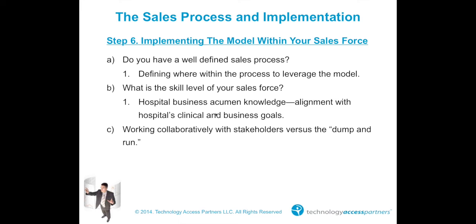Are you engaging them at the right time? Do you have the right collateral to engage them in the full process? And then finally, if you can say yes to this, defining where within that sales process you want to leverage the tool, the model. Because if you can't say, this is typically how we approach, let's say, a new account, or this is how we would approach our product launch with our key customers.